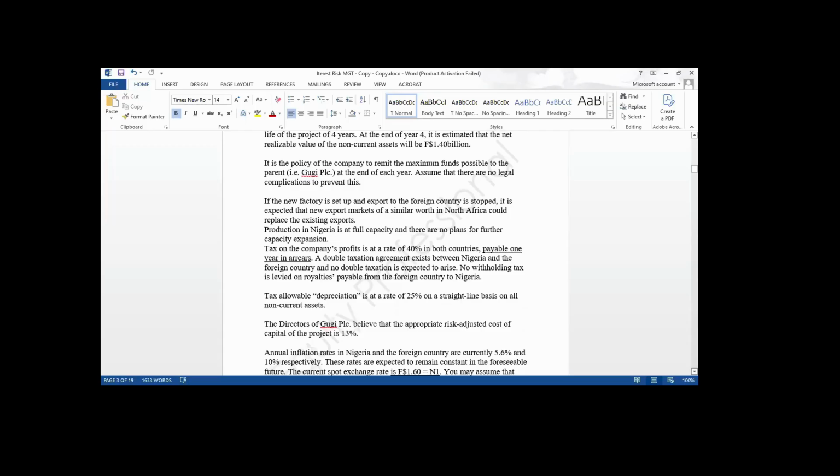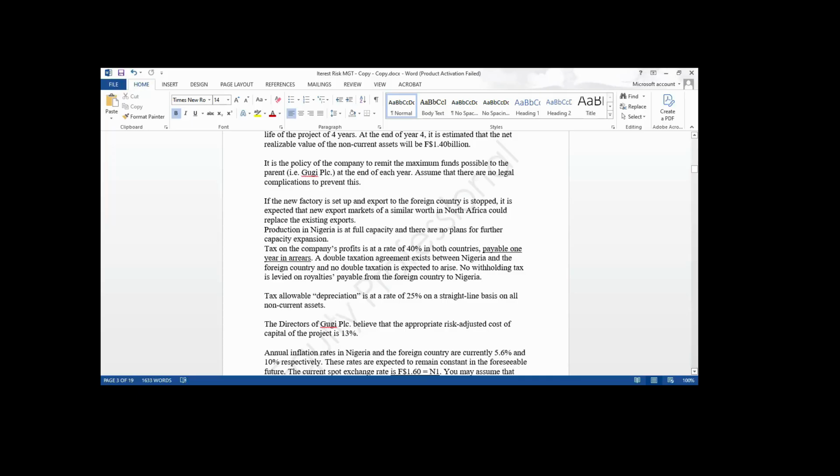If the factory is set up and export to the foreign country is stopped, it is expected that a new export market of a similar worth in North Africa could replace the existing exports. Production in Nigeria is at full capacity, and there are no plans for further capacity expansion.